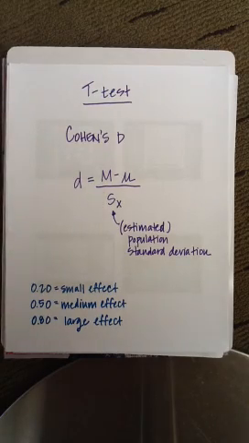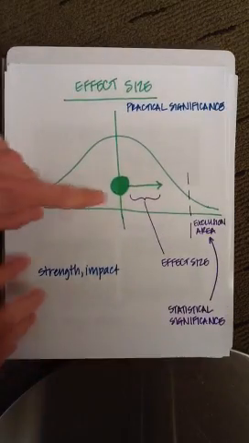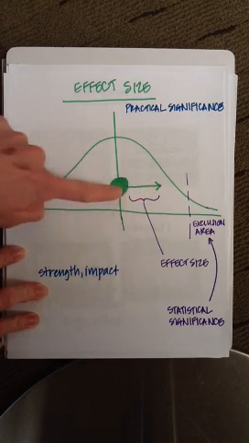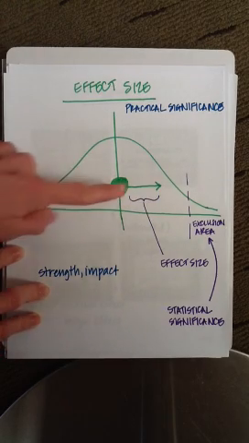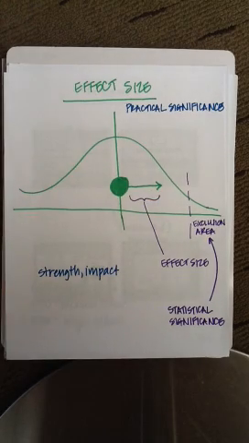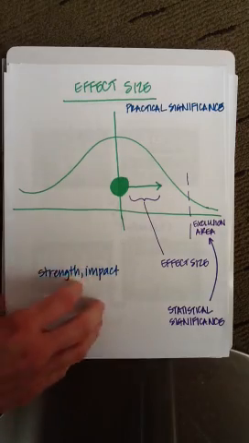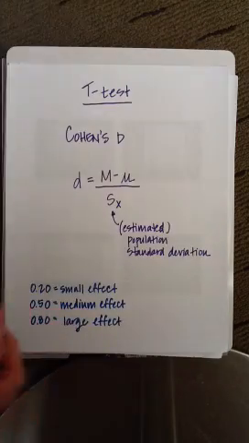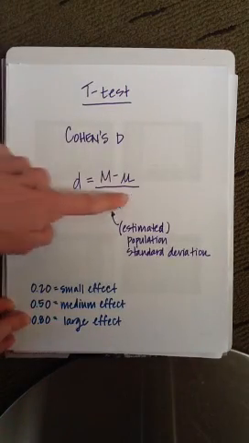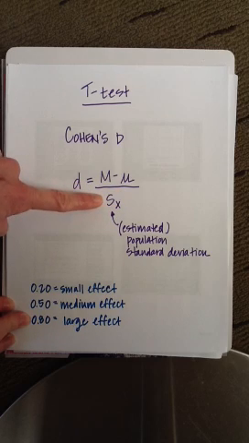So remember, when I said here, because effect size is sort of the distance, the impact of a treatment, the degree to which it's moved away from the mean, the population mean. So that distance can be thought of in terms of standard deviation units here.